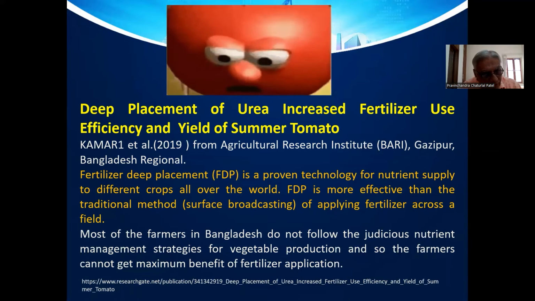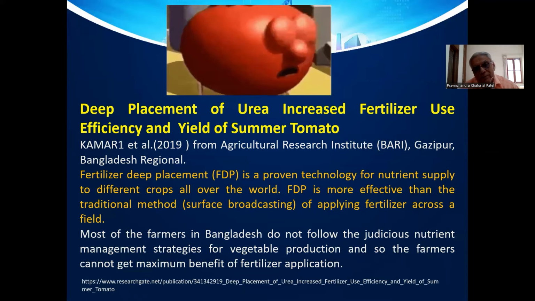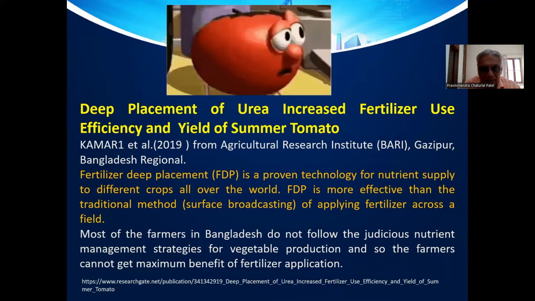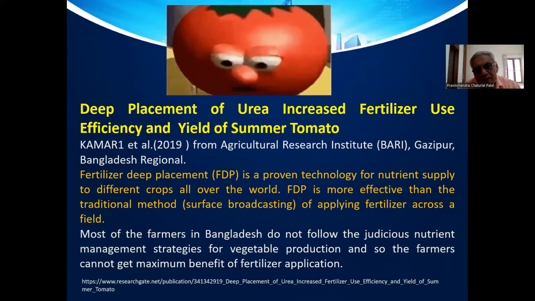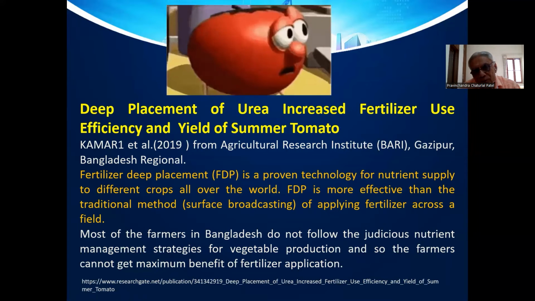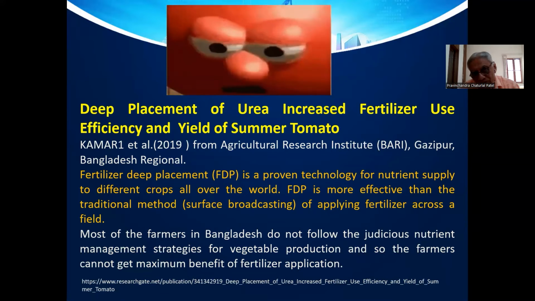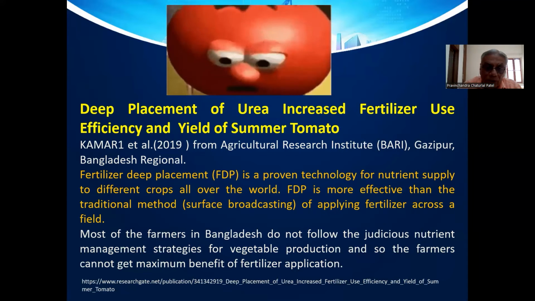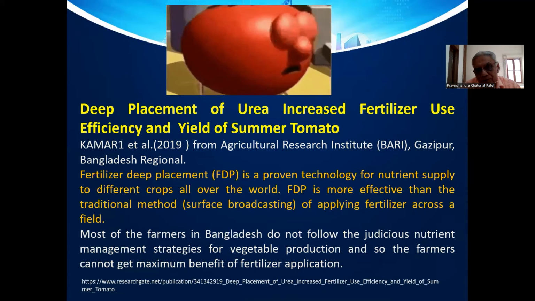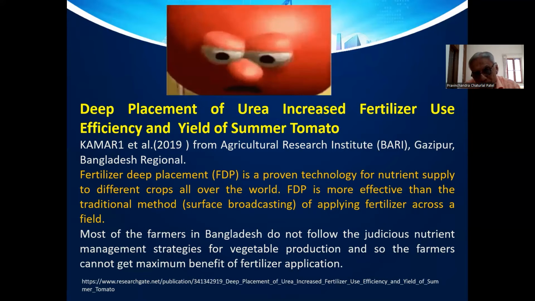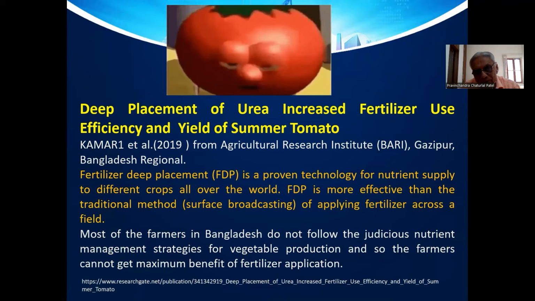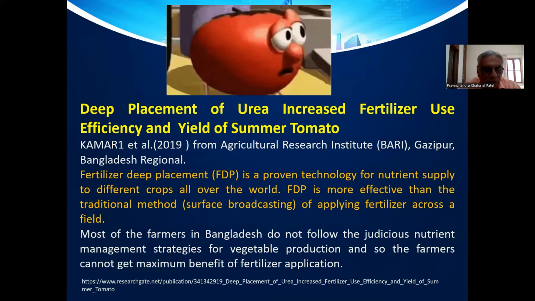Moreover, when farmers apply more chemical fertilizers like urea, ammonium sulfate, or other fertilizers, there will be a problem of greenhouse gases, particularly nitrogen. There will be leaching loss of nitrogen, ammonia volatilization, and denitrification.